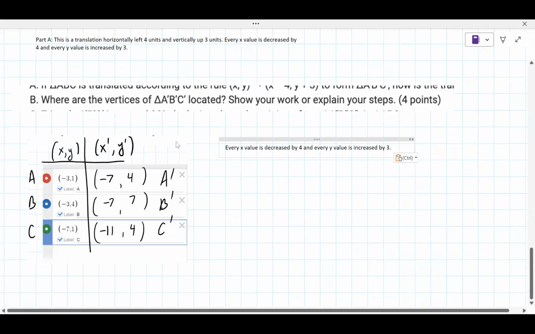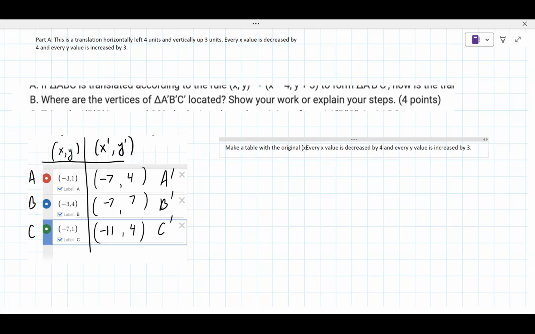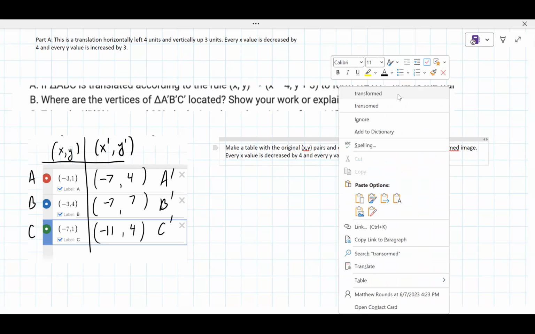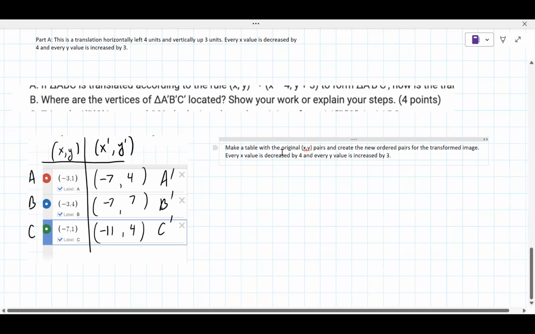So maybe start out by saying something like, make a table with the original x, y pairs and create the new ordered pairs for the transformed image. And you're explaining that to do that, every x value is decreased by 4.